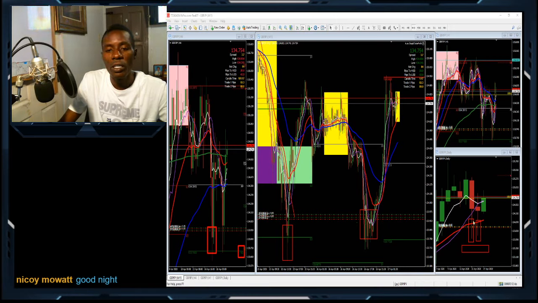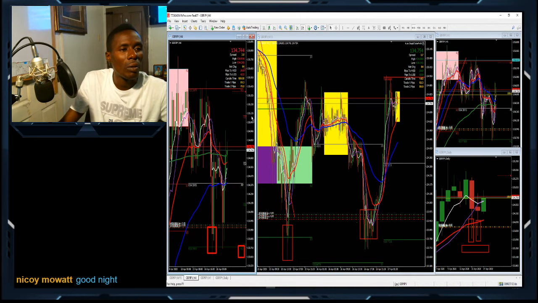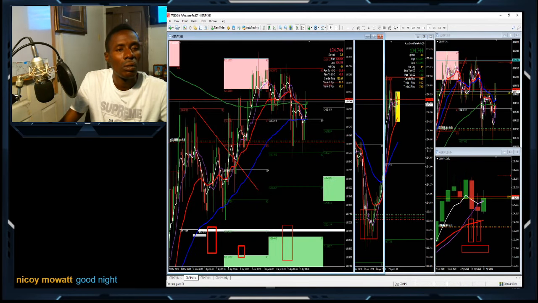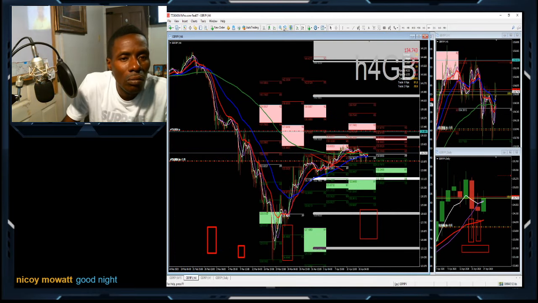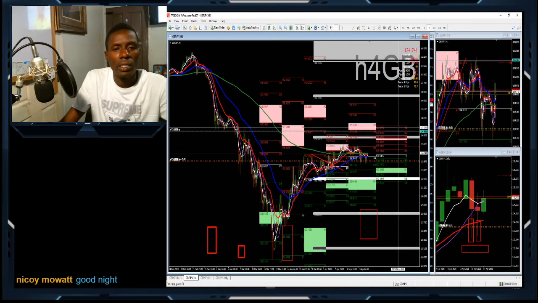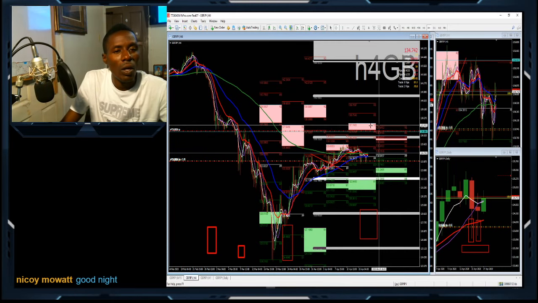So I'm looking for a breakout of this move all the way up to about 137, right at this pink area right here.